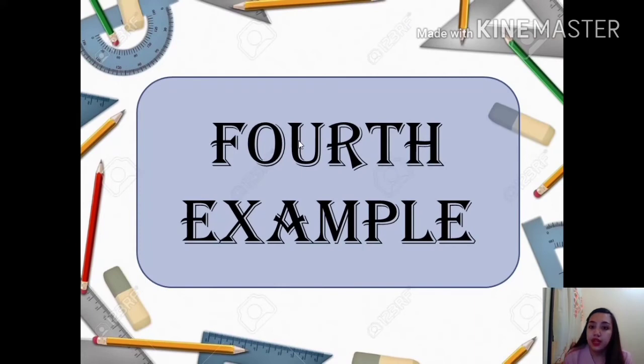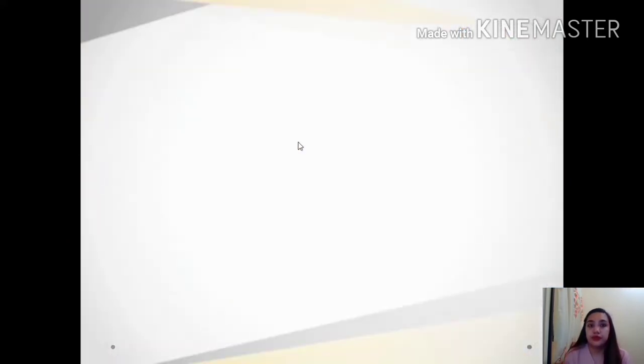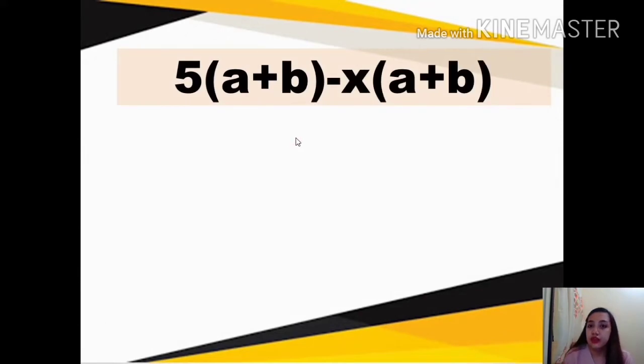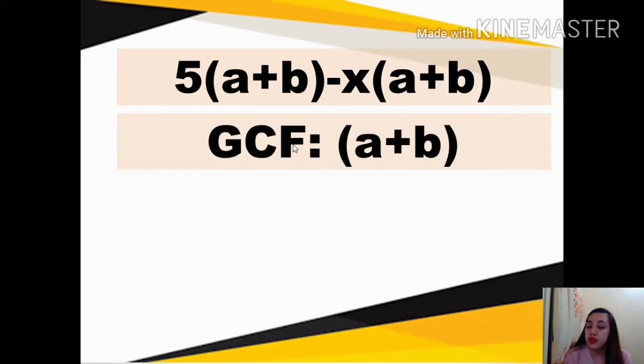Next, this will be the last example. And this is very easy. So, as you can see, you don't need to solve this because it is obvious naman sa expression na meron silang parehas na a plus b. Therefore, ang GCF nito is a plus b.